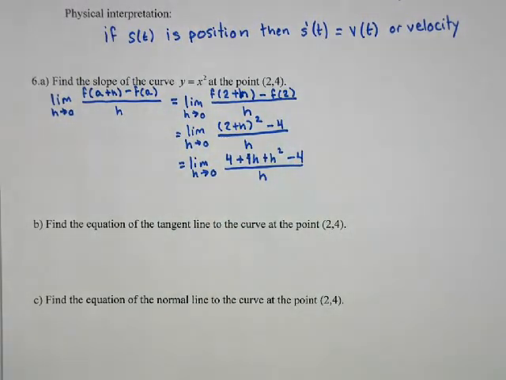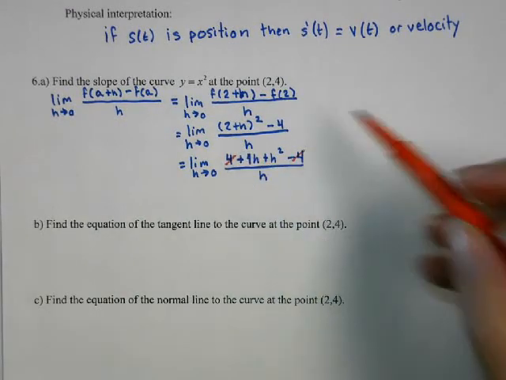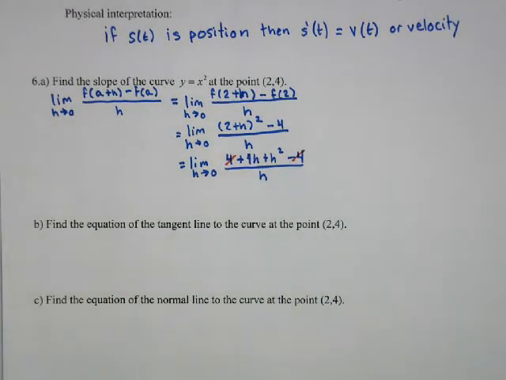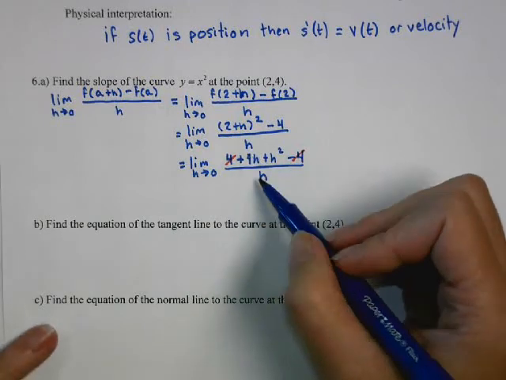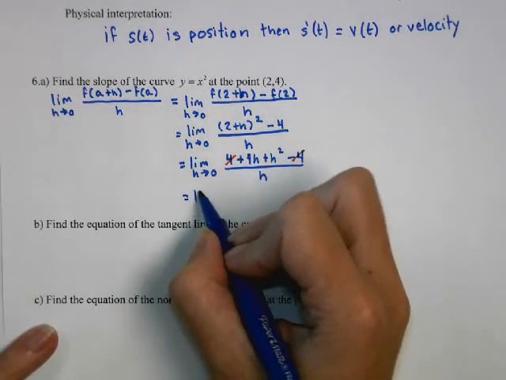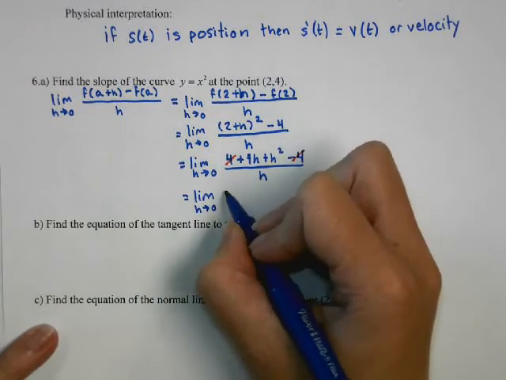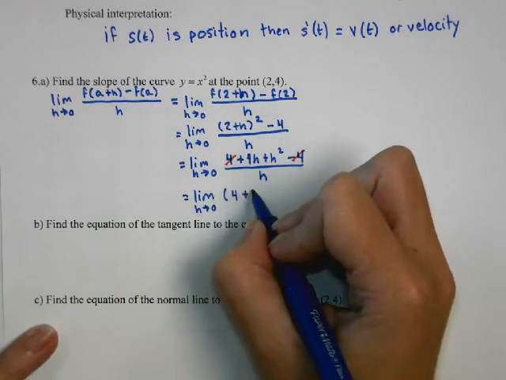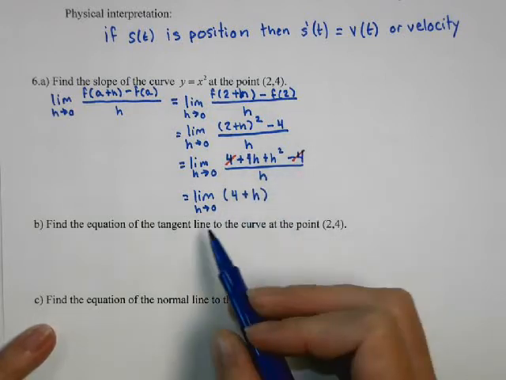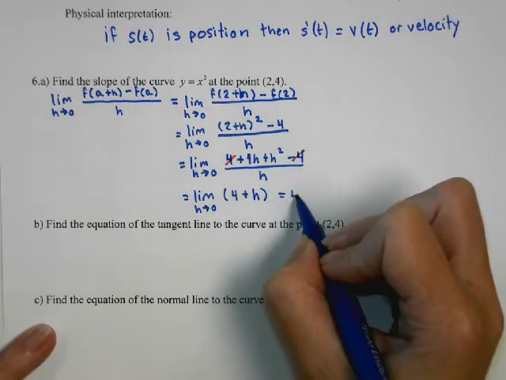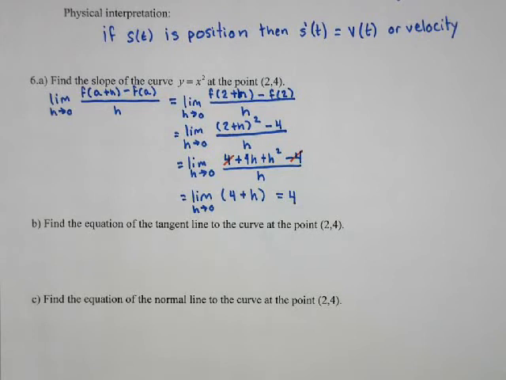So the 4 minus 4 goes away, and I'm left with 4h plus h squared over h. So those will both reduce to 4 plus h. So as h goes to 0, this is 4. So we're saying that the slope at point 2, 4 is 4.